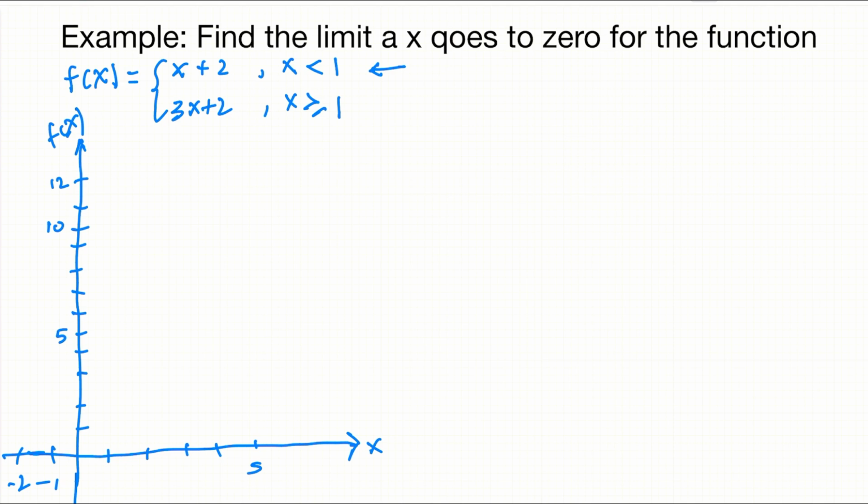Let's look at x equal to -2. For this first function, x plus 2 is equal to 0. X equal to -1, it's equal to 1. X equal to 0, it's equal to 2. And at x equal to 1, we really don't know, but it's going to be close to 3.